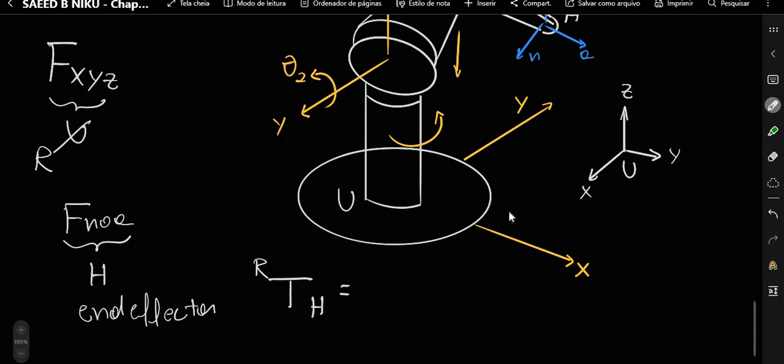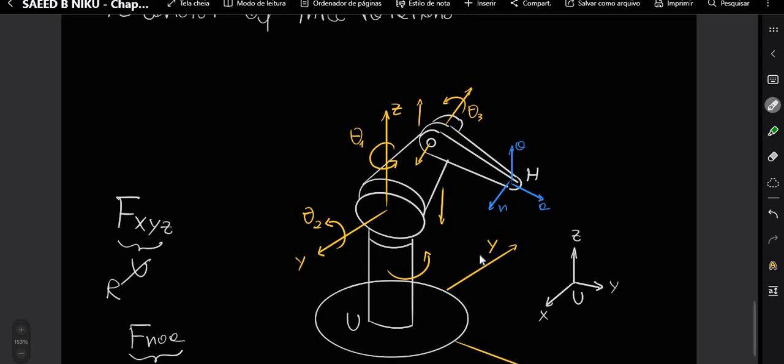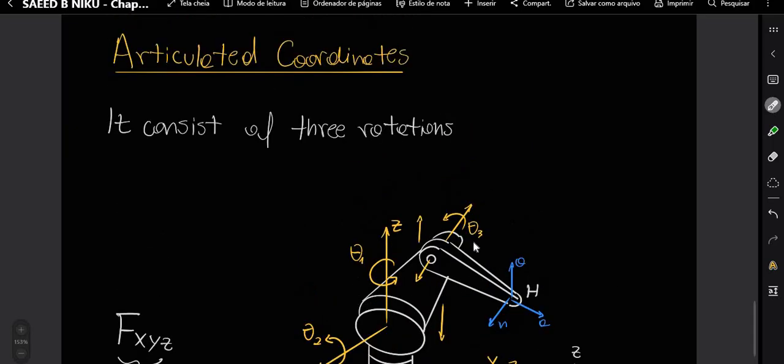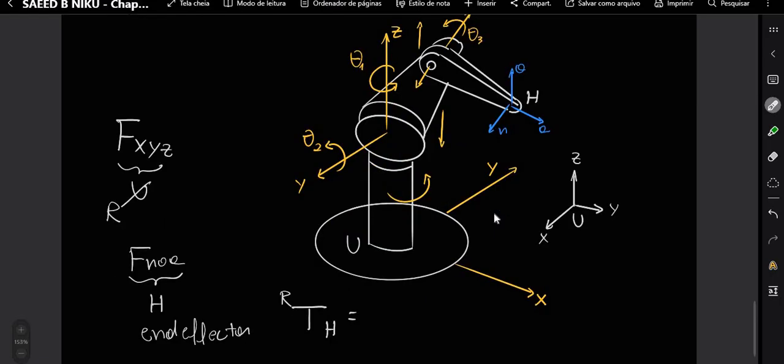And if you have the opportunity to download the book, or if you have access to the book, you will see that on this topic of articulated coordinates, it doesn't bring any context as we were seeing from the other coordinate systems.